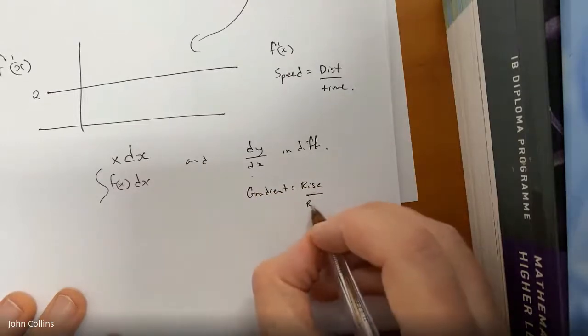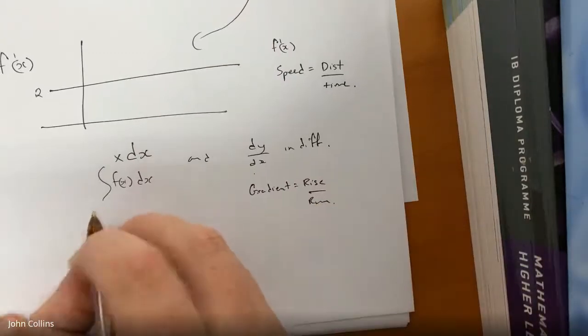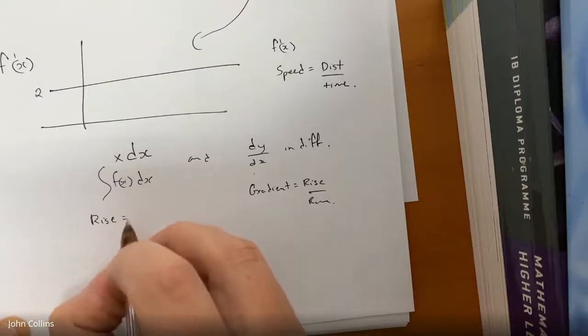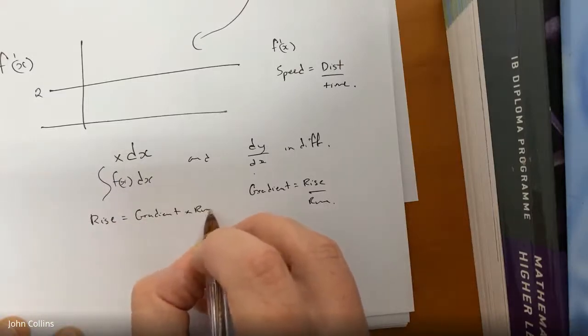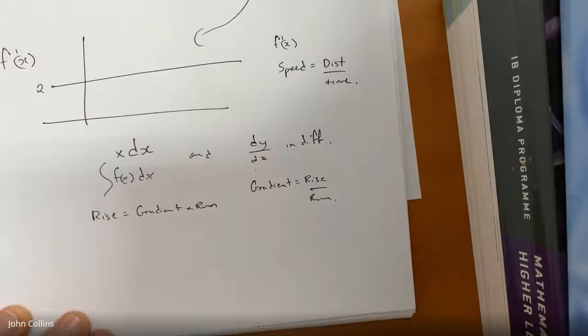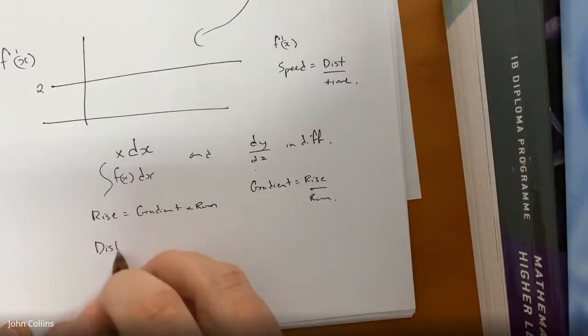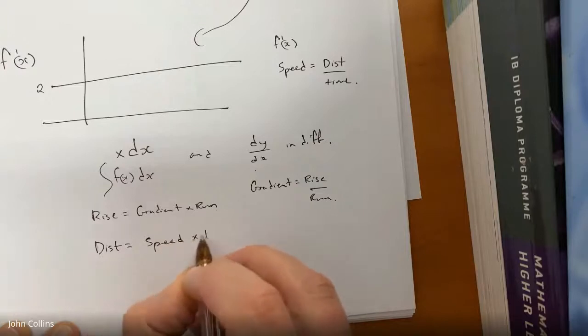This looks like the rise is equal to the gradient times the run. In other words, the distance or the area under the curve is the speed multiplied by the time.